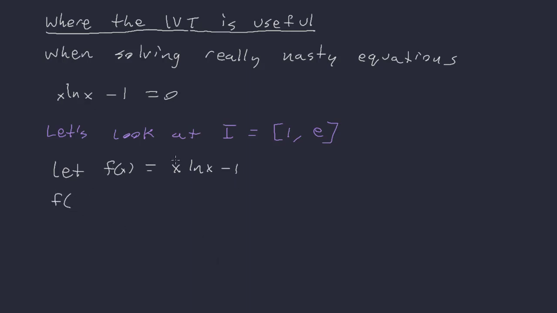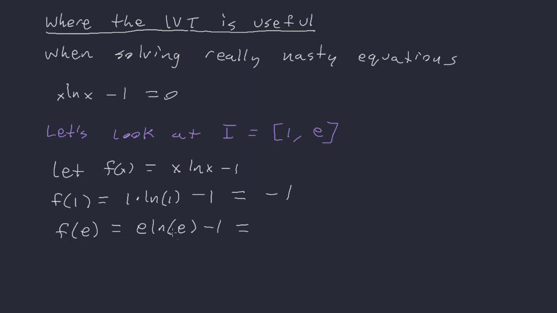Okay, so if I plug in 1, we're going to get 1 times natural log of 1 minus 1. Well, natural log of 1 is 0, so this comes out to be -1. Then f of e, well, that's going to be e times the natural log of e minus 1.